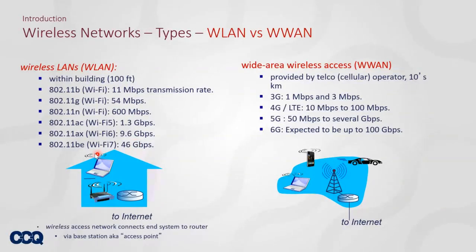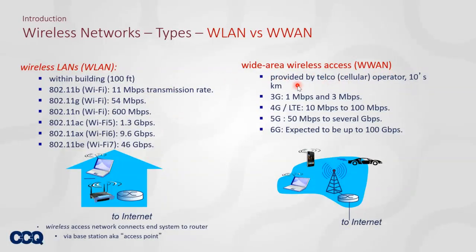Then Wi-Fi 7, which is 802.11be, was established last year, in 2024, and it can reach speeds up to 46 gigabit per second. Here you can see the evolution in wireless communication, how the standards are developing and how the transmission rate is increasing from 11 megabit to 46 gigabit per second. So this is for wireless LAN.